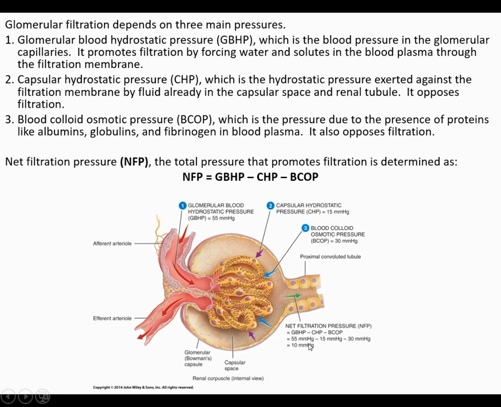I mentioned this back when we talked about blood vessels, but a positive NFP promotes filtration. So as long as that number ends up positive, we're going to form filtrate. If that number ends up negative, filtration will not occur.